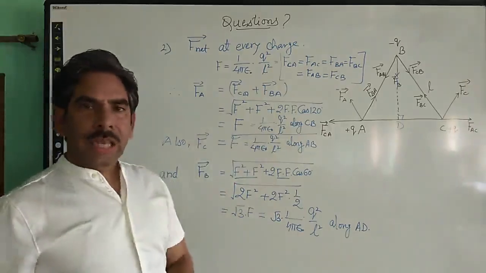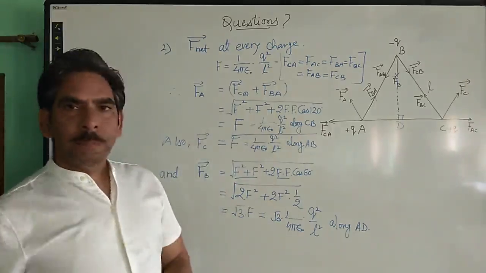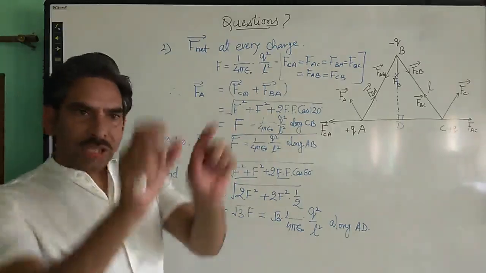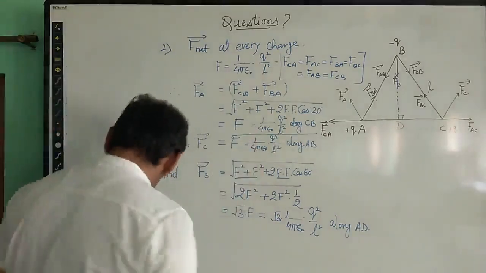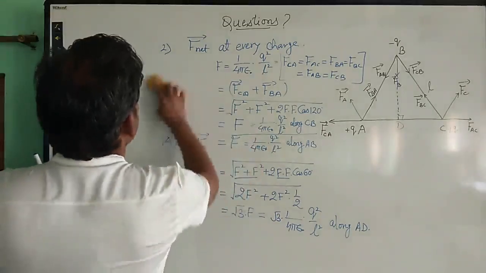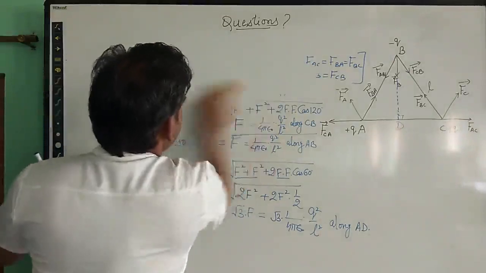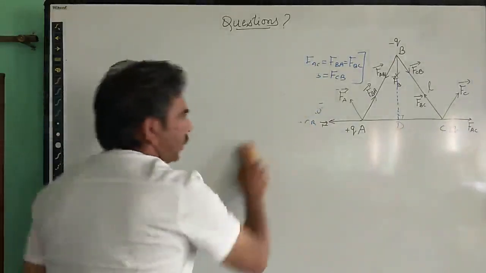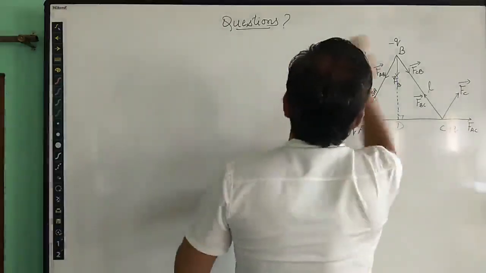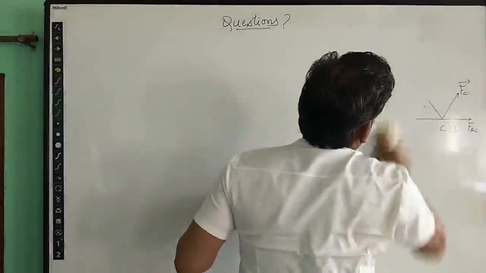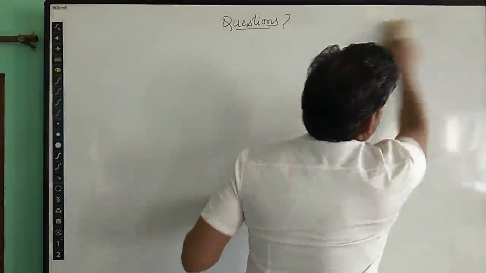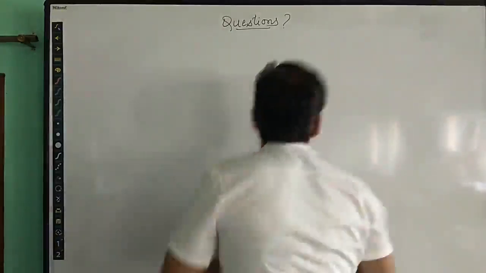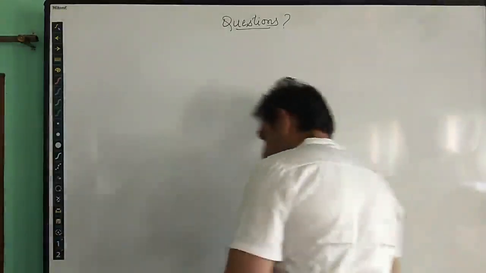Next and final question I am taking is about the charges which are placed at the corners of a square. So let me introduce you to the question. There are 4 charges at the 4 corners of a square. In such kinds of questions, you have to draw the diagram first. So here is the diagram.